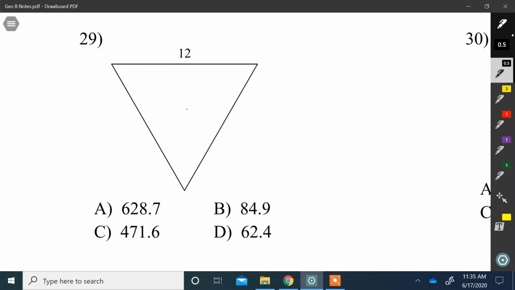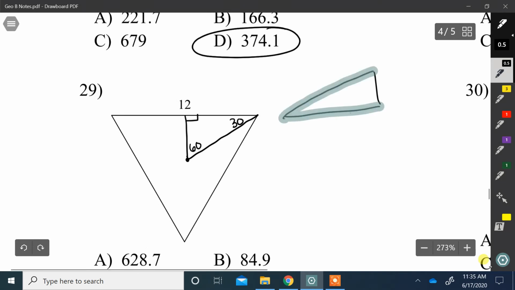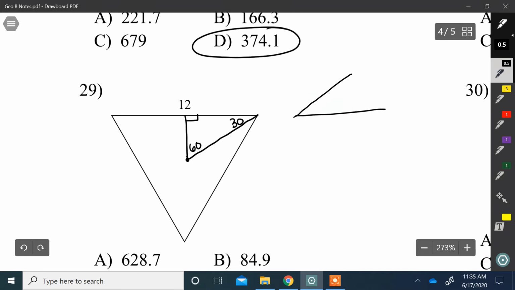So on this one here, we already talked about that each one of those is 60, which means that this is a 30, this is a 90 degrees, and this will be a 60. So remember, a special 30, 60, 90 triangle here. I always like to draw it. It helps me a lot.